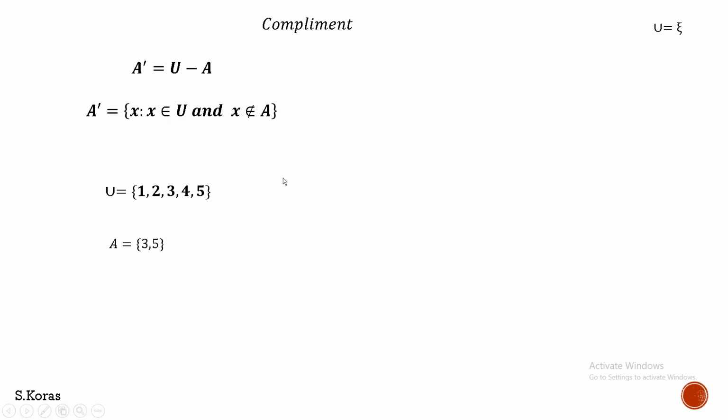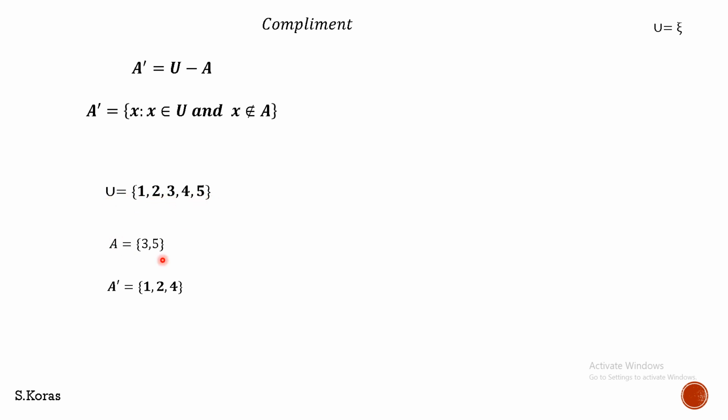So our A dash will be 1, 2, 4, because A dash is nothing but the elements which are not present in A but present in the universal set. The elements present in the universal set are 1, 2, 3, 4, 5.